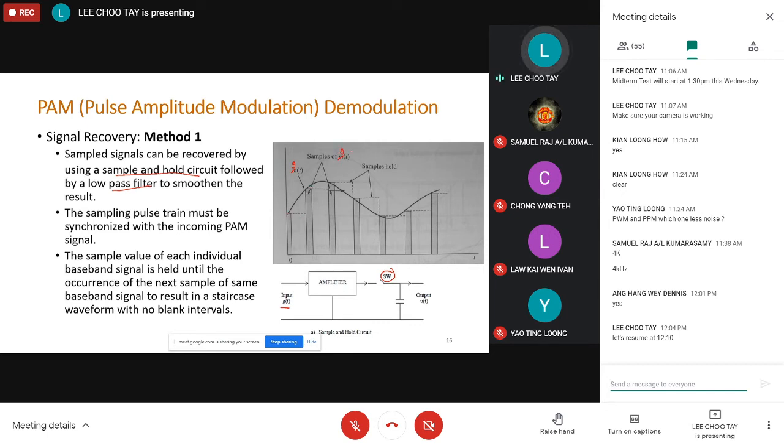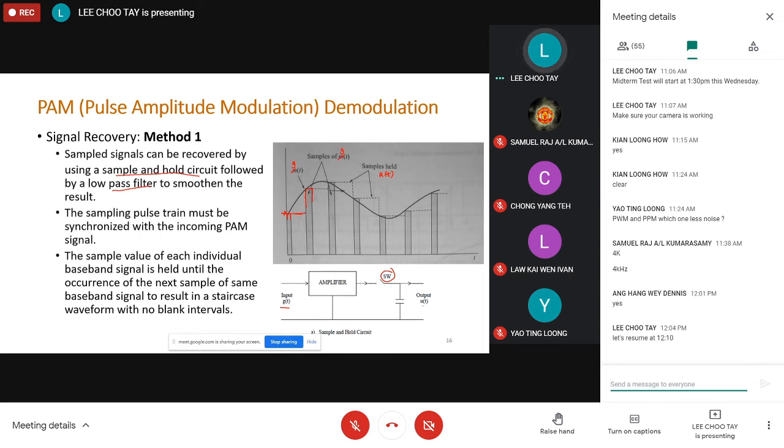The rectangular pulses are the sampled signals, the PAM signals that come in. When I close the switch, my u(t) here, this is my u(t), will read the amplitude of the sample signal. This pulse will read the amplitude of this pulse and then hold it.